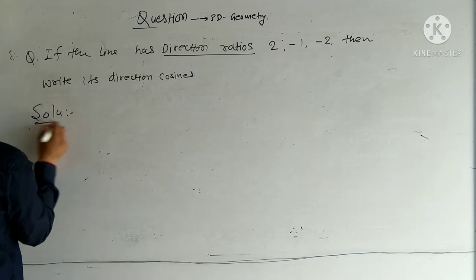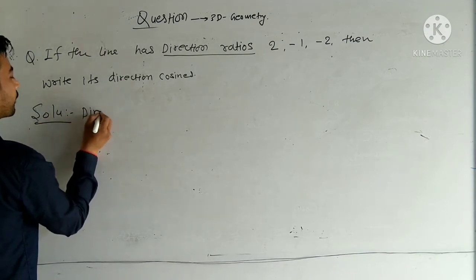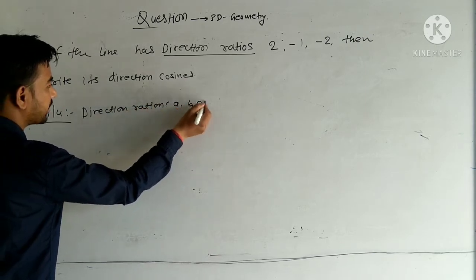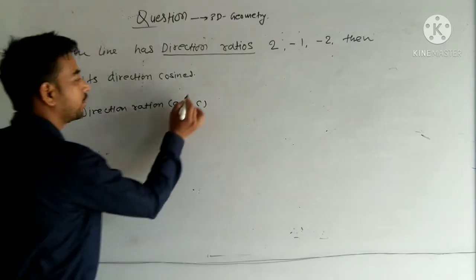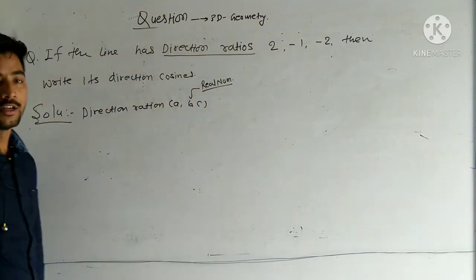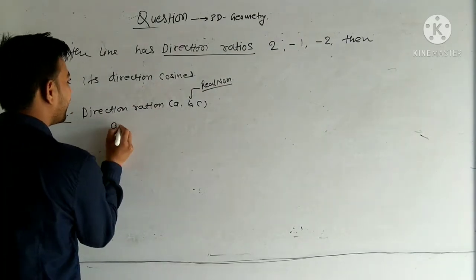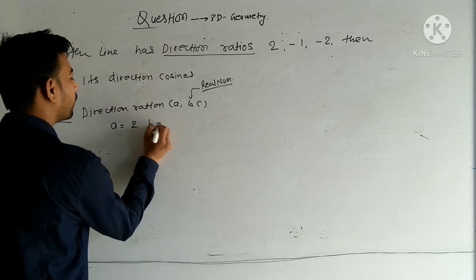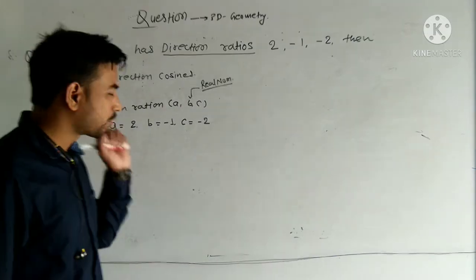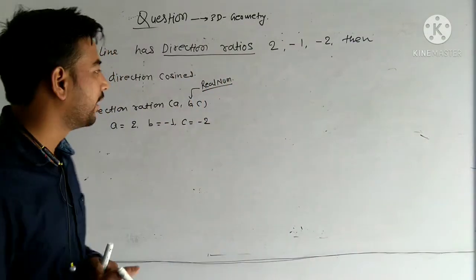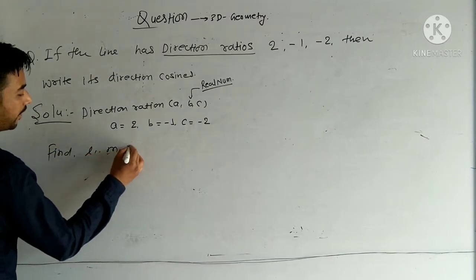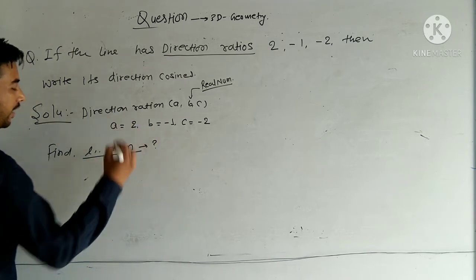So let's try to solve it. Direction ratios are represented by A, B, C, and I told you these are real numbers. Here A equals 2, B equals -1, C equals -2. The values of A, B, C are given, and we have to find L, M, N.